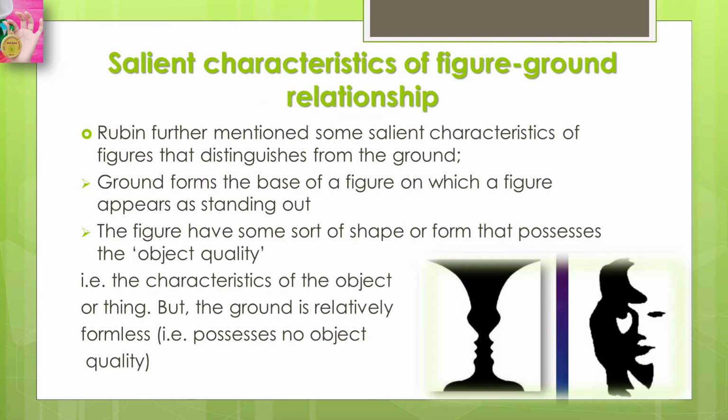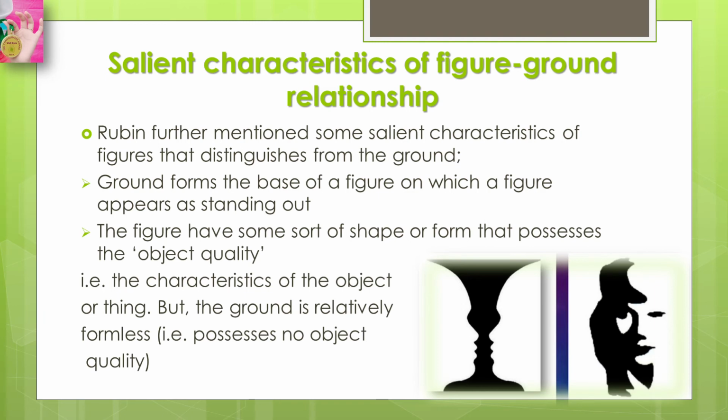Now, there were some other salient characteristics of the figure-ground relationship given by Rubin. Rubin further elaborated this relationship between figure and background, and mentioned certain salient characteristics of figures that appear distinguished from the ground, and these are as follows.